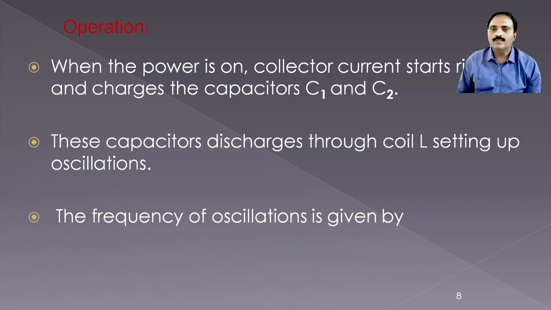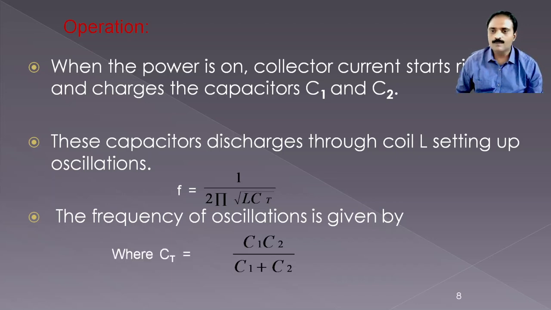And the frequency of these oscillations is given by f = 1 / (2π√(L·CT)). CT means the total capacitance. Actually these two capacitors are connected in series, hence the resultant CT will be equal to C1 into C2 by C1 plus C2. So CT = C1·C2 / (C1 + C2).